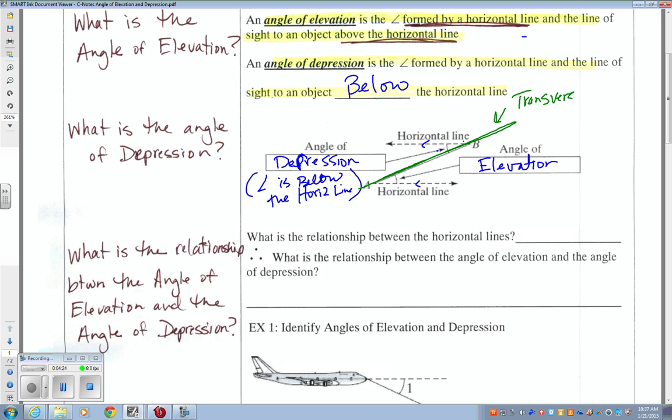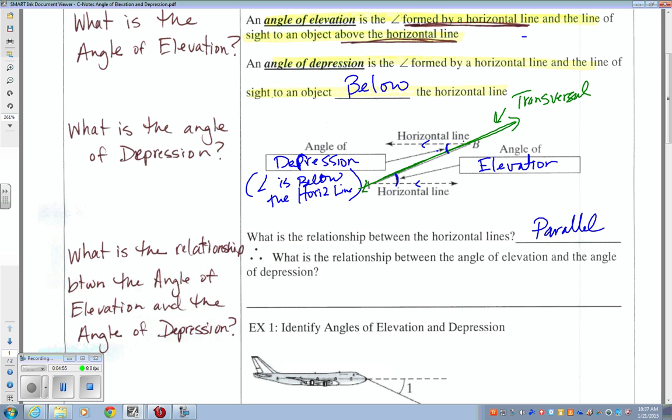I'm just referring to what we did last semester, because if I look at angle B and angle A, they have a relationship to each other. Since the horizontal lines are parallel, the relationship between the angle of elevation and the angle of depression is what? Not perpendicular. No. Not skewed.